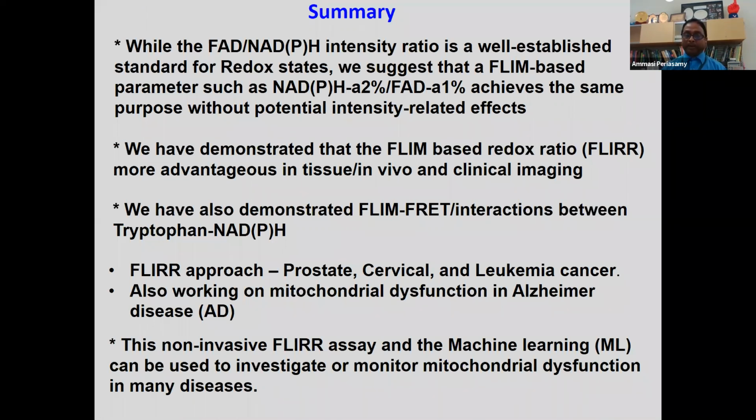We have also demonstrated FLIM-FRET interaction between tryptophan and bound NADH. FLIRR approach we use for prostate, cervical, and leukemia cancer cells. We are also working on mitochondrial dysfunction in Alzheimer's disease. The non-invasive FLIRR assay and the machine learning can be used to investigate or monitor mitochondrial dysfunction in many diseases.